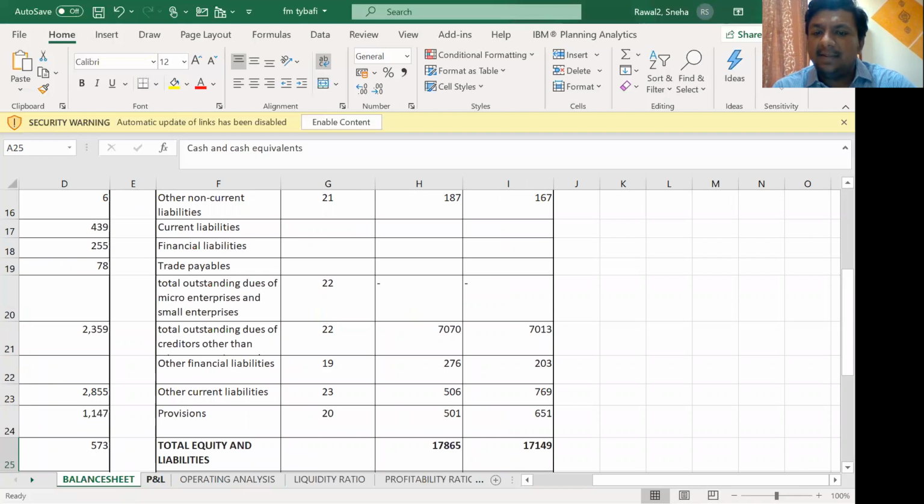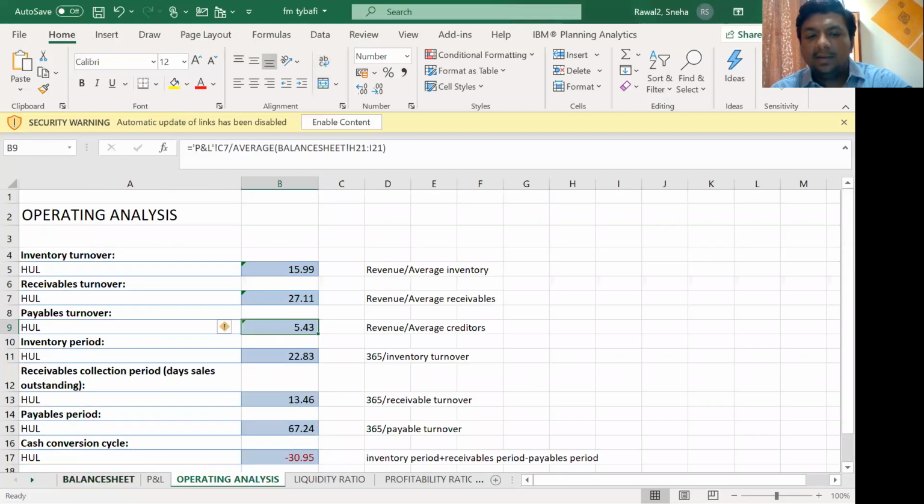They are 7070 and 7013. So you will average out these numbers to find out your denominator. The answer turns out to be 5.43. So higher the ratio, the better, as the company is enjoying more credit period from the creditors.